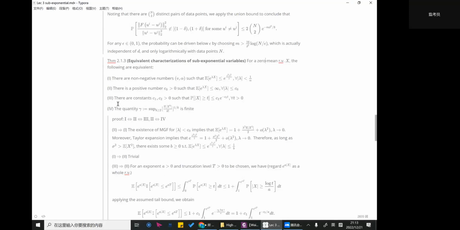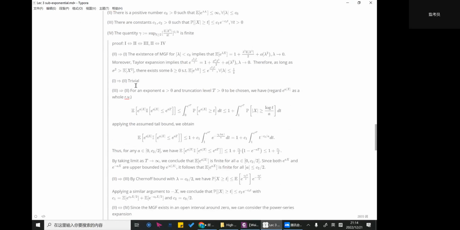And the third condition makes sure that this probability is bounded by some exponential-like function. So I guess this is why it's called sub-exponential, because it's dominated by an exponential-like function. And the fourth one is by calculating the supremum of this. So this is to guarantee that the power series is finite. So we will talk about this later.